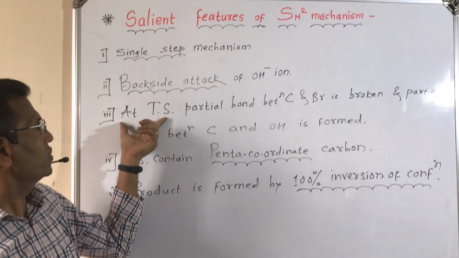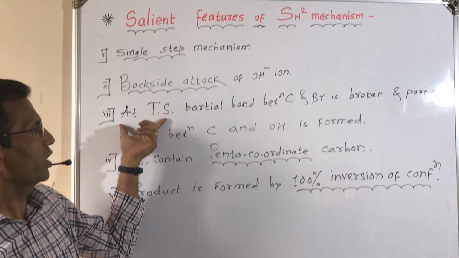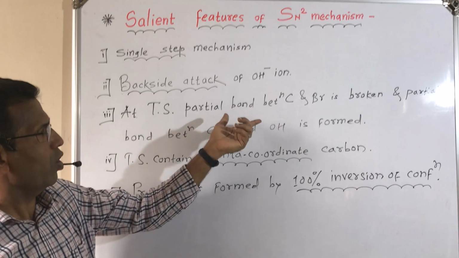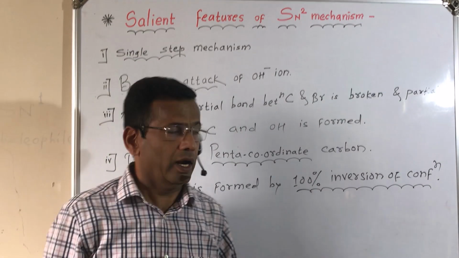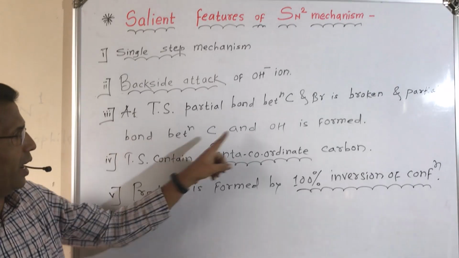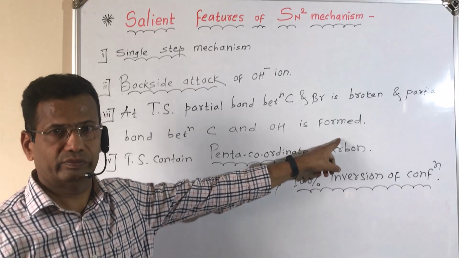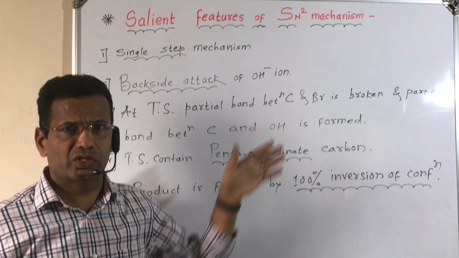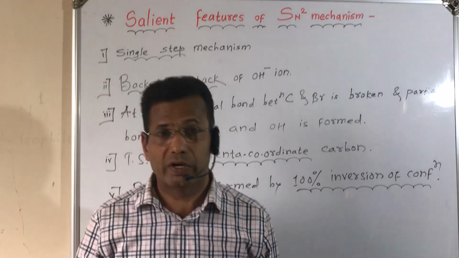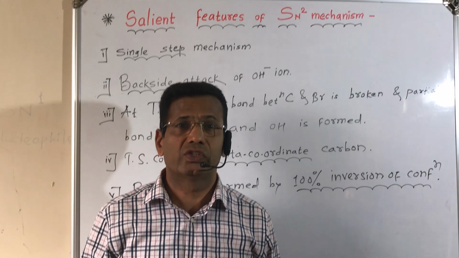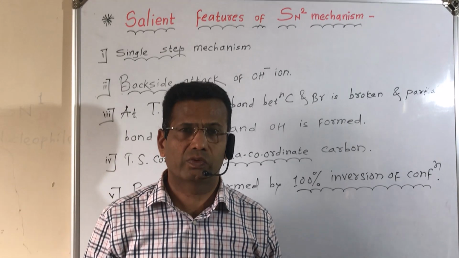The third salient feature is, at the transition state, the partial bond between C and Br is broken and the partial bond between C and OH is formed. Whenever the transition state occurs, both the reactants absorb more heat energy and an unstable activated complex is formed.